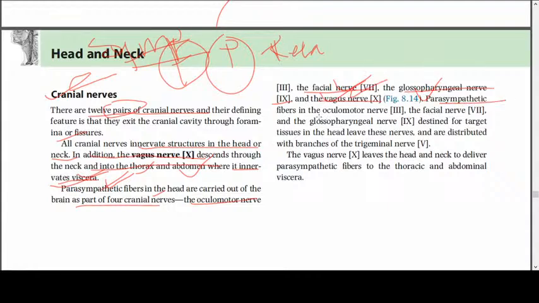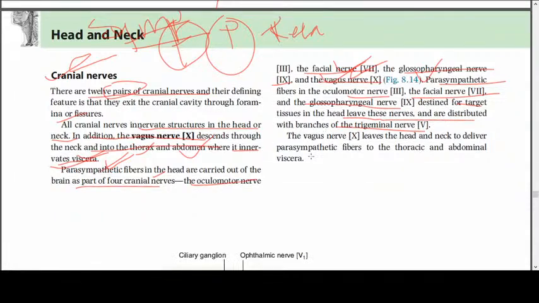The parasympathetic fibers in the oculomotor, facial, and glossopharyngeal nerves destined for target tissues in the head leave these nerves and are distributed with a branch of the trigeminal nerve. The vagus nerve leaves the head and neck and delivers parasympathetic fibers to the thoracic and abdominal viscera.